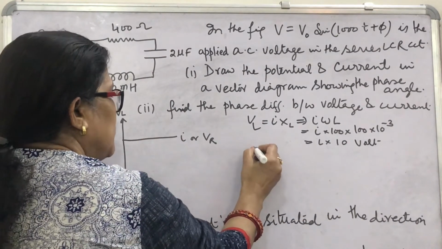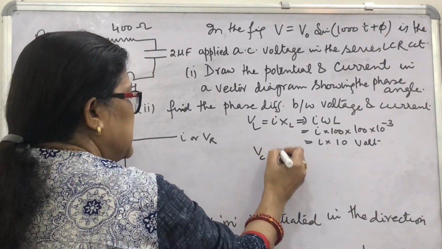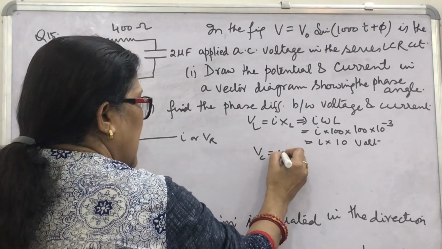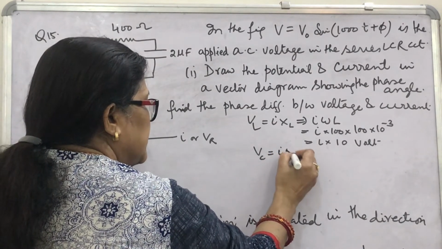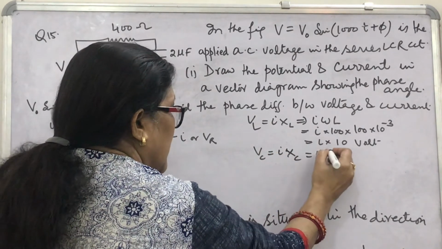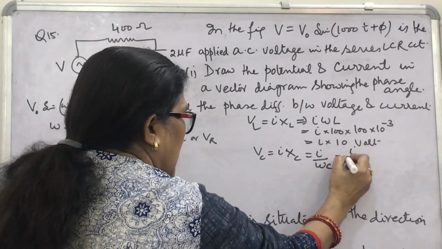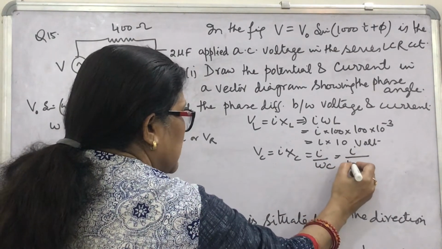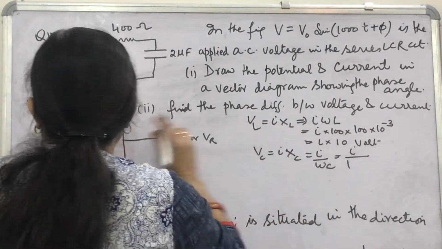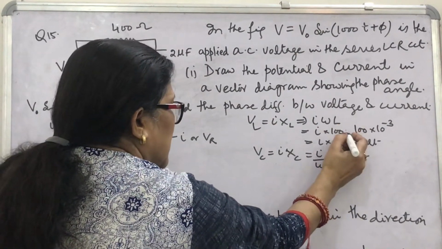What about VC? If you find VC, then it will be I XC, that is I upon omega C. Omega is 1000 here. So put here 1000.